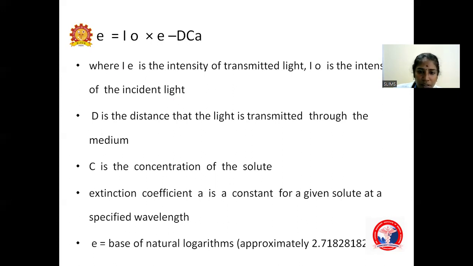Epsilon, the extinction coefficient, is a constant for a given solute at a specific wavelength. So e is the base of the natural logarithm, approximately 2.7182.